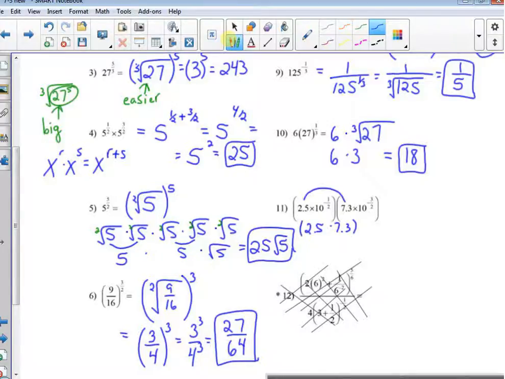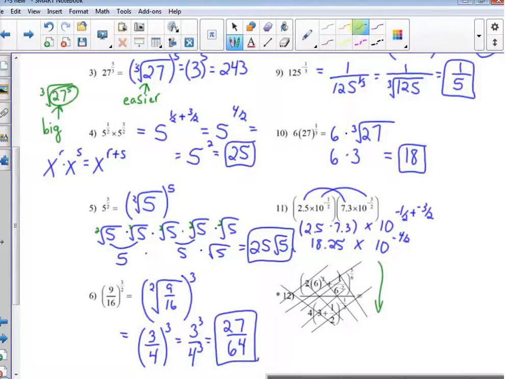So we can do that times 10, and then we can multiply those together. Now they have the same base, so I can add those exponents. So it's negative 1/2 plus negative 3/2. So 2.5 times 7.3 is 18.25. And then negative 1/2 plus negative 3/2 is negative 4/2, which is really just negative 2.